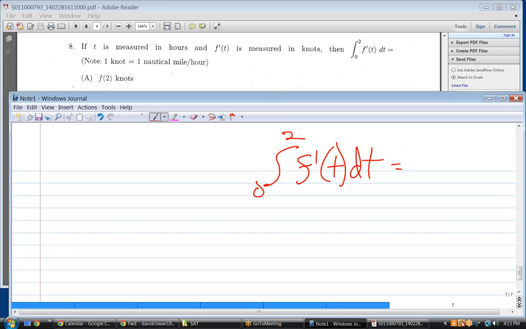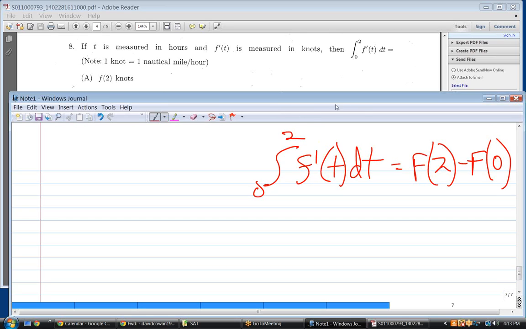What's the integral of the derivative? Yeah. So it's just f of t. Actually, this is part 2 of the fundamental theorem of calculus. It's f of 2 minus f of 0. And I use the capital F to be the antiderivative of this function.